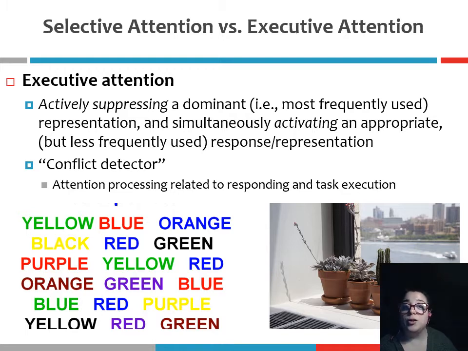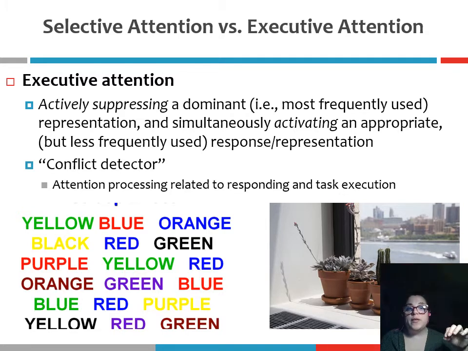And we can contrast that with a less frequent or less dominant response, simply because you haven't executed that response as often, right? So you would employ your executive attention system when, for whatever reason, it happens to be appropriate for you to employ that less dominant response instead of the more dominant response.